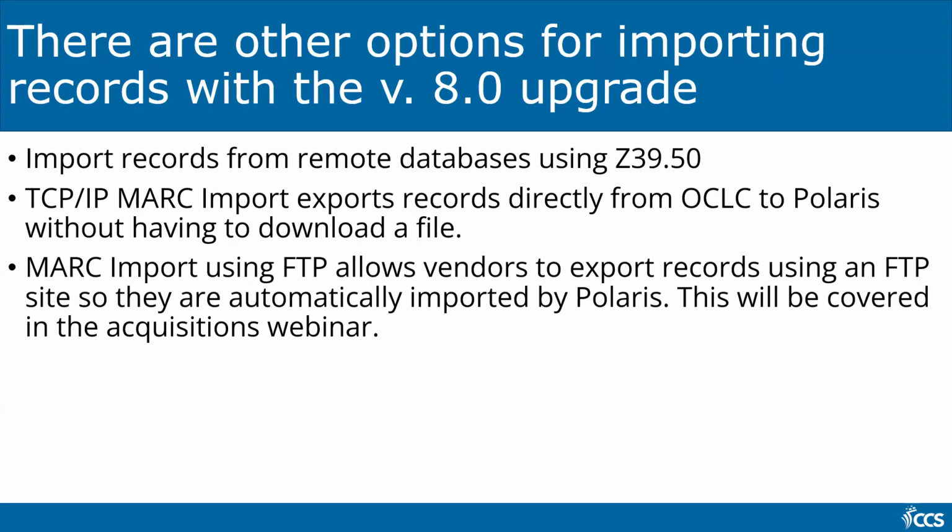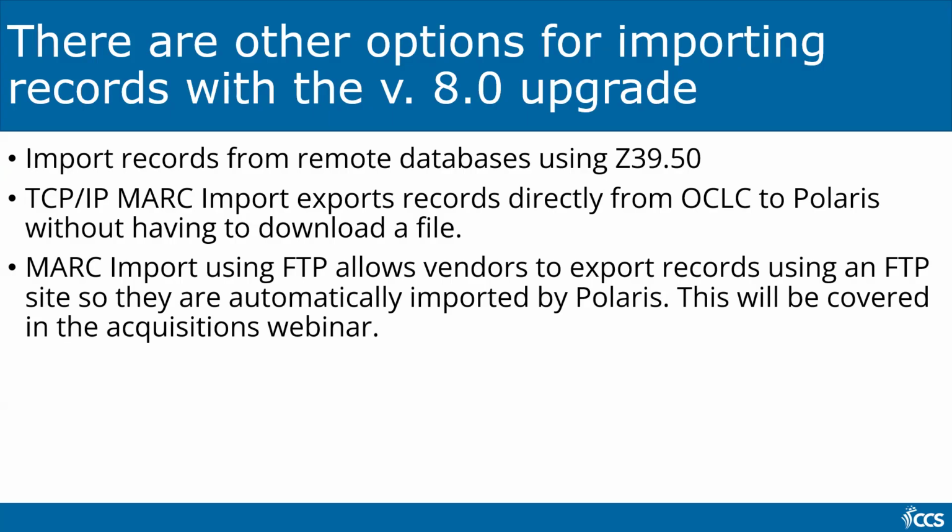However, one of the benefits with the 8.0 upgrade is that there are some new import profile options. One is the TCP/IP MARC import export ability that directly connects OCLC to Polaris without having to download a file from Connexion and then upload it. And of course, you still have the Z39.50 connection for importing records from remote databases.